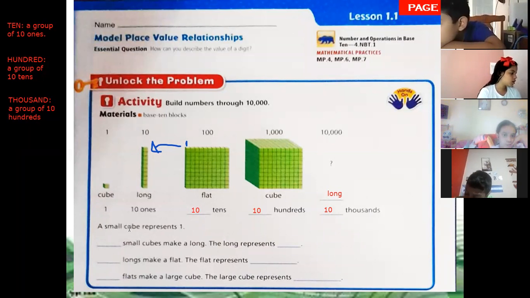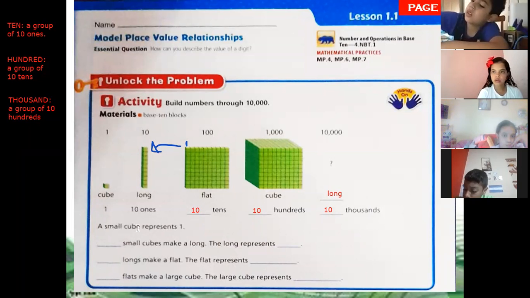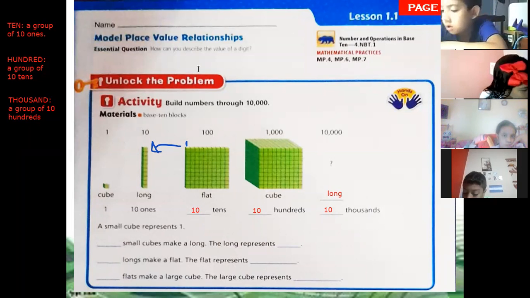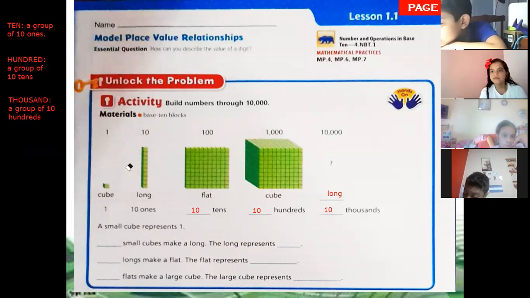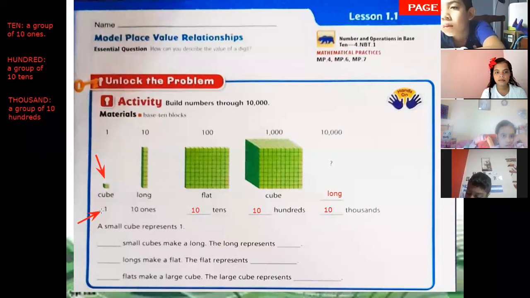Now, a small cube represents just one. This is the small cube and represents just one, okay? One of those cubes represents just one. Okay, small cubes make a long.